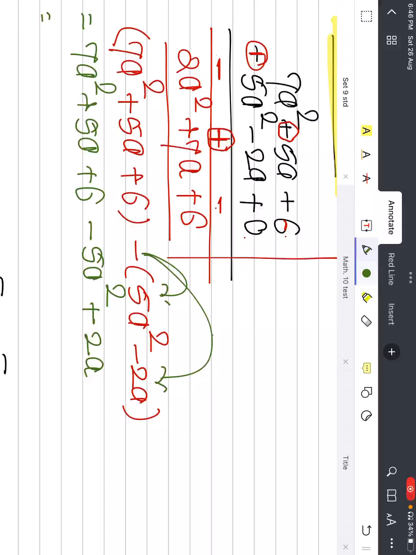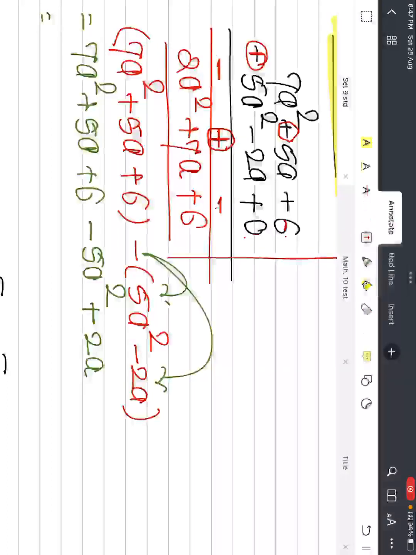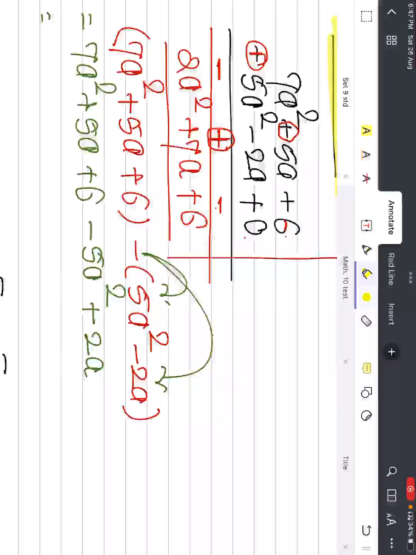Now add this. First of all, take this term, which is similar to this one; we call these two terms like terms. So 7 minus 5, we know that is 2a square. Next one, this is 5a and this is 2a.